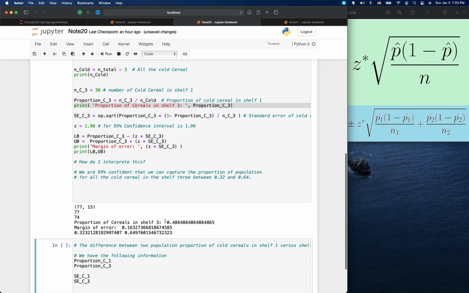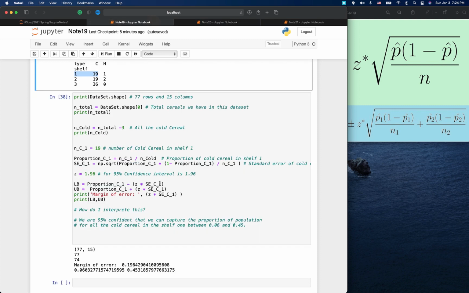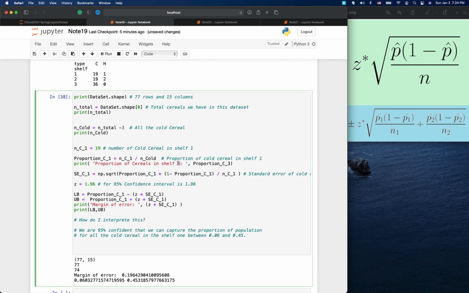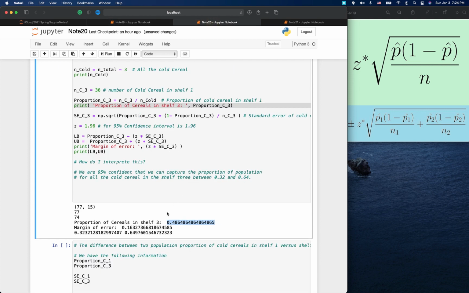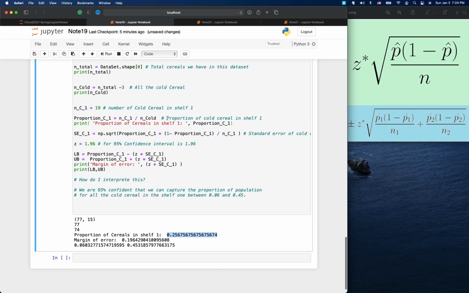So what's the proportion of cereal in shelf 3? 0.48 or 48%, right? And then let's go back to see what was the proportion of cereal in shelf 1. What was that? 0.26, or 26%. So 26% versus 48% proportion of whatever we have in the sample, right?